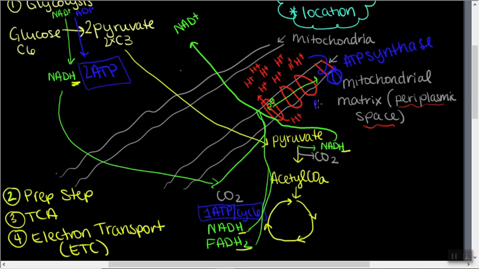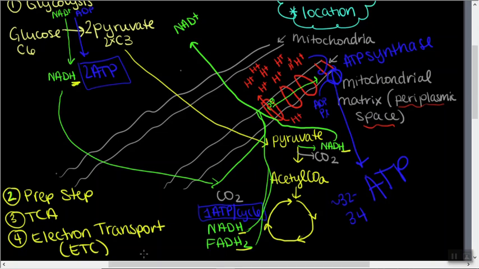So ADP goes in, an inorganic phosphate, and what comes out is the biggest amount of ATP that you could possibly imagine. So we get about 32 to 34 ATP.